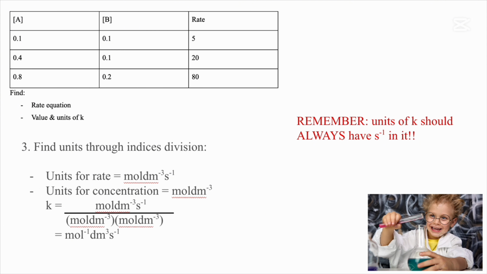So therefore, moles per dm cubed per second divided by moles per dm cubed times moles per dm cubed. And you will end up with moles to negative 1 times dm cubed per second. And remember, the units of k should always have per second in it.